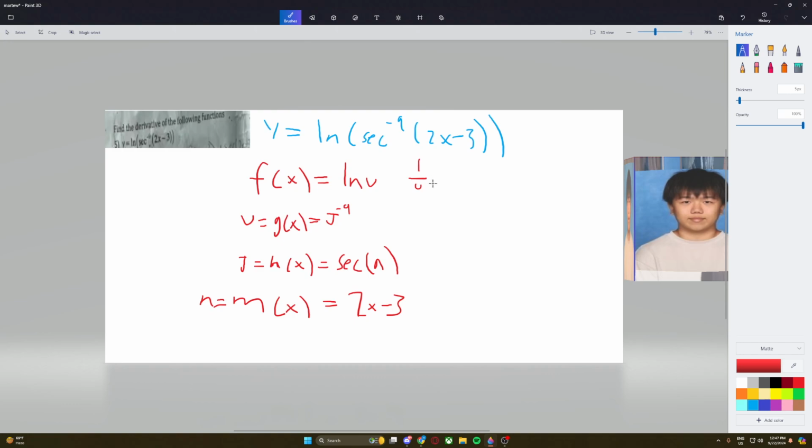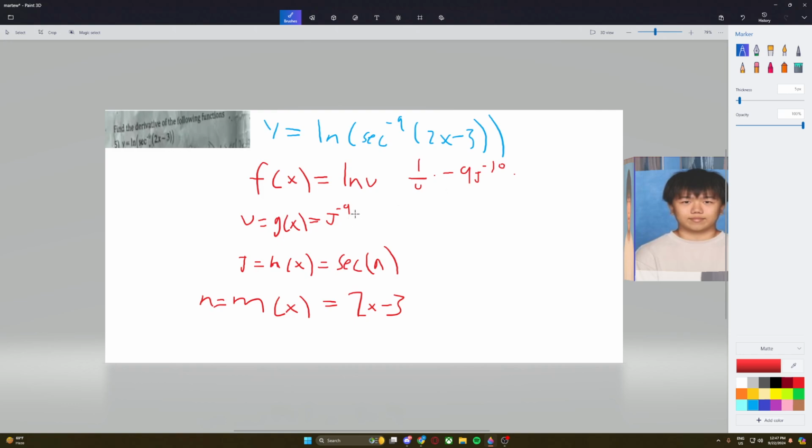Times u prime, which is g prime x. This g prime x would just be -9 j to the -10 times j prime.